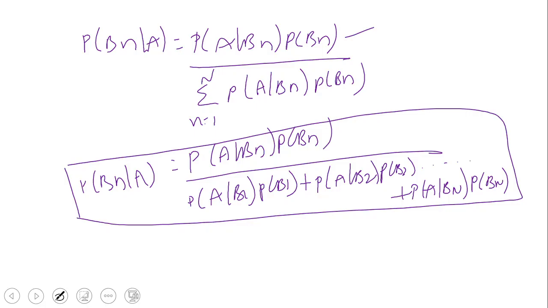Then expand for n equal to 1, 2, 3 and so on. Very simple to remember. This is called the Bayes theorem.